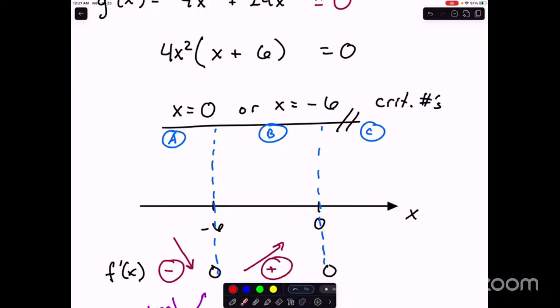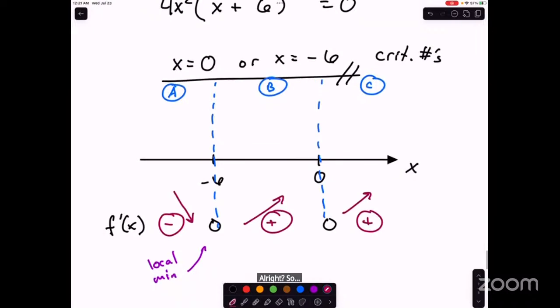So if we plug in 1, this is positive and this is positive, so it's positive, which could be the case. This implies that the original function is increasing here.